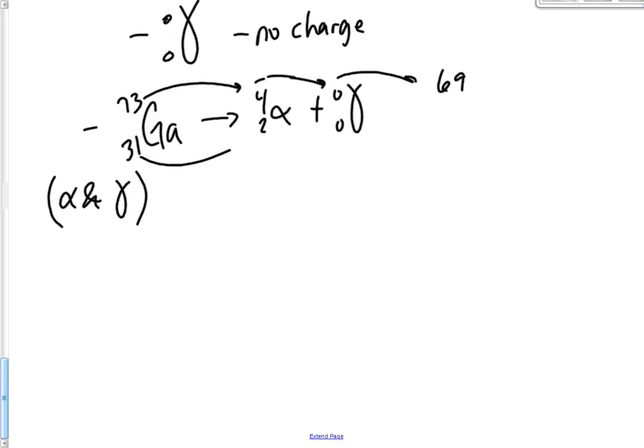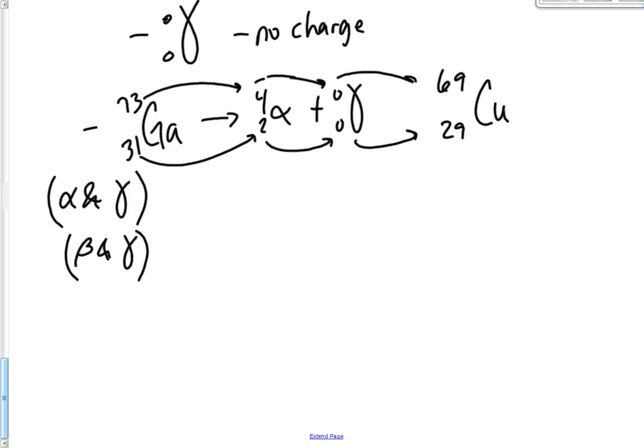And 31 minus 2 minus 0 gives you 29. So look on your periodic table, number 29 is copper. You could also do the same thing with beta and gamma, and then you just put the initial particle through beta radiation and then through gamma as well. The math is going to come out the same.